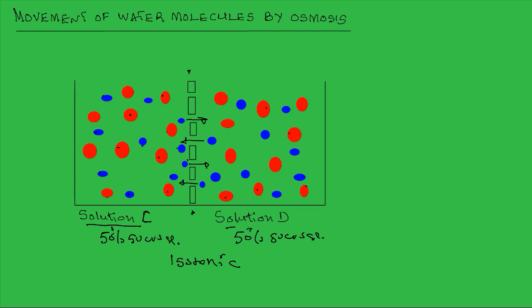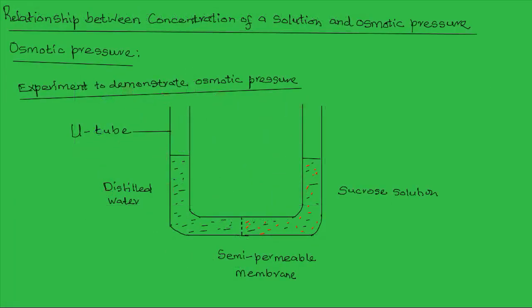Now, what is osmotic pressure? Osmotic pressure of a solution can be defined as the tendency of a solution to take in water from another solution.